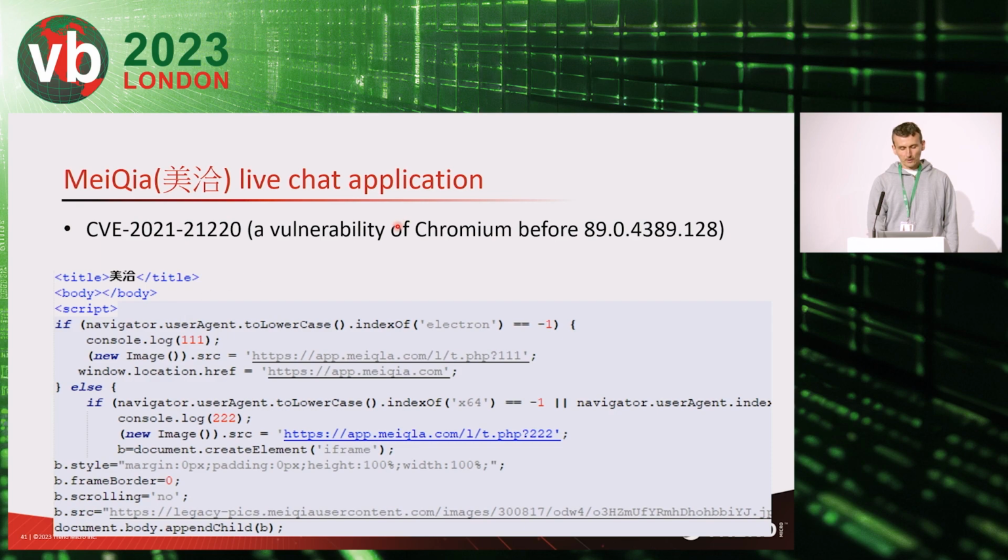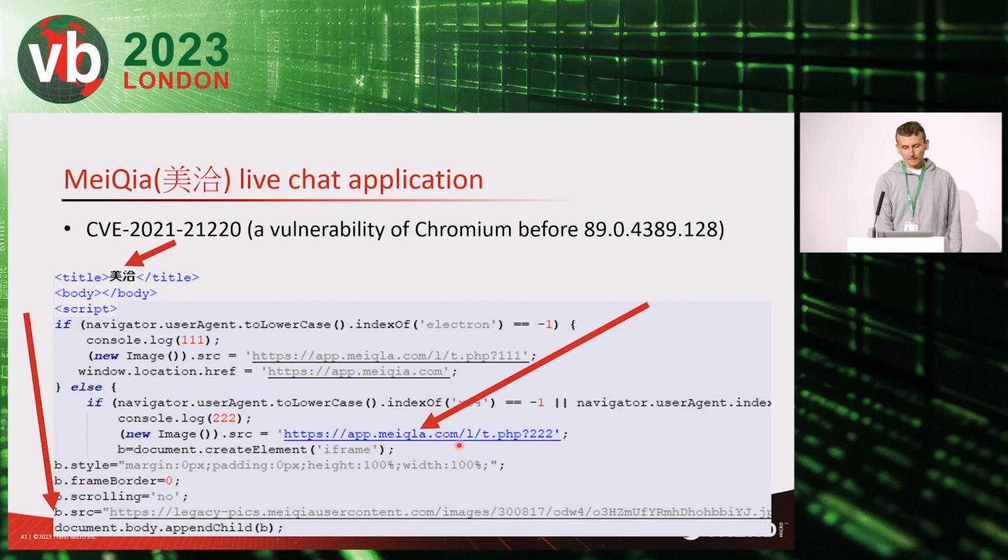So this is an HTML file with just a title called Metia, which is the name of the application. Then there is the content of the script. Then this application displays some pictures, which I will show on the next slide. It also updates some statistics.